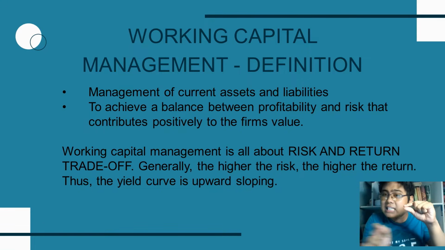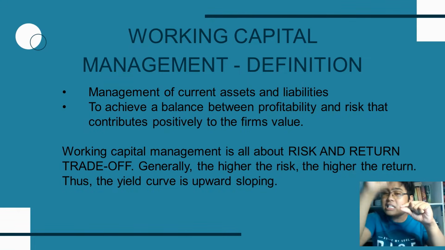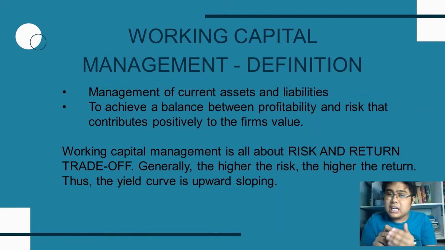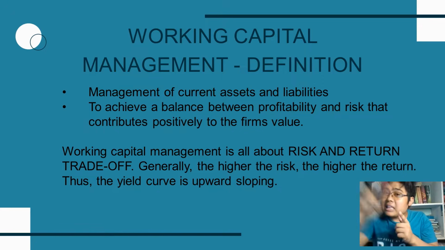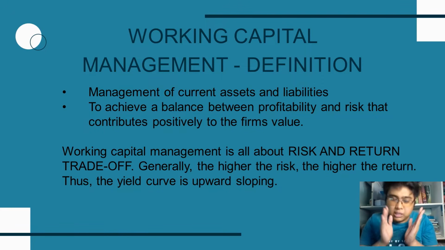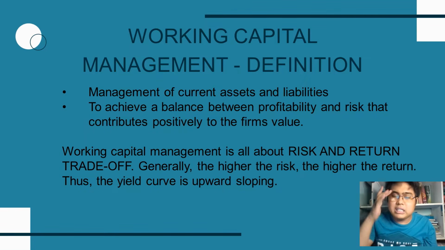Kasi habang tumataas ang risk, tumataas yung y-axis which is return. At kung titignan natin, pag ginraph yan, ang graph niya ay upward sloping. Kaya naman, because of that, we can say the yield curve is upward sloping. Sir, medyo malabo pa rin pero palagi mong tatandaan, dyan lang iikot ang working capital management. It is all about the risk and return trade-off.